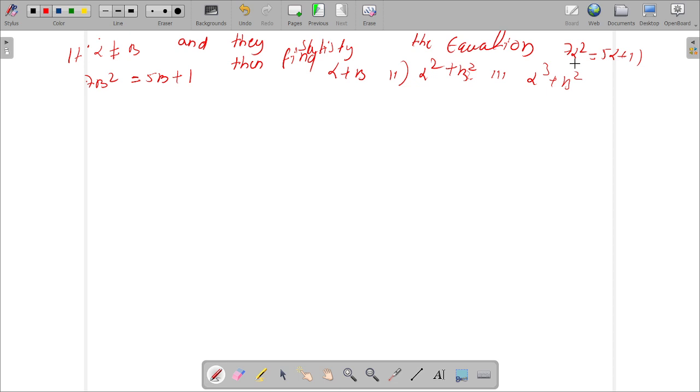Every relationship is based on the sum of the roots and the product of the roots.